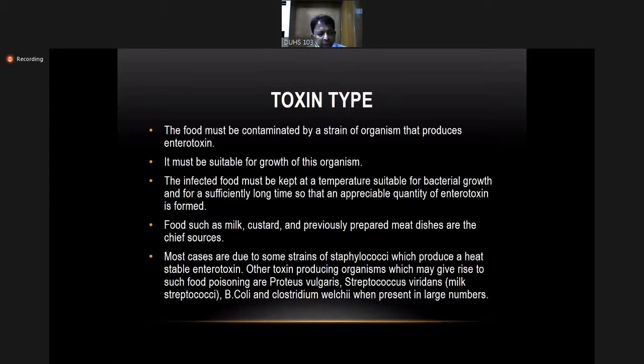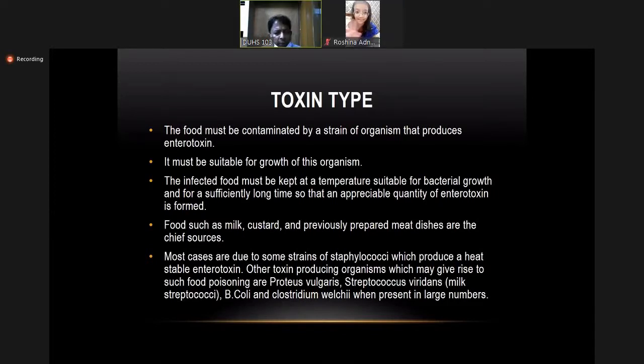Most toxins are destroyed by heat, but these are heat-resistant toxins. Staphylococcus is said to be the most heat-resistant toxin-producing bacteria, so it causes a toxin type of poisoning.